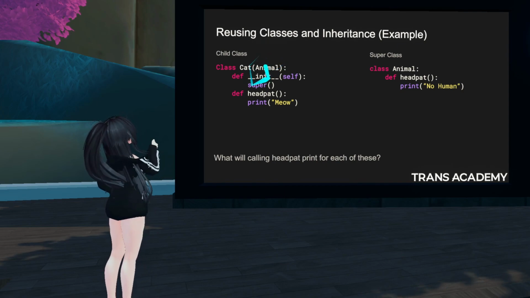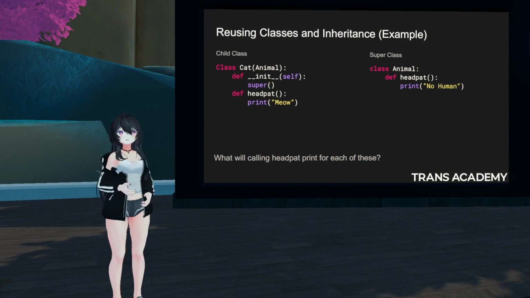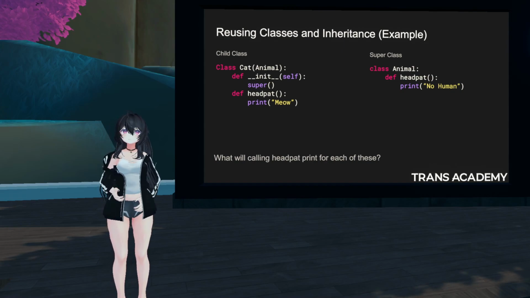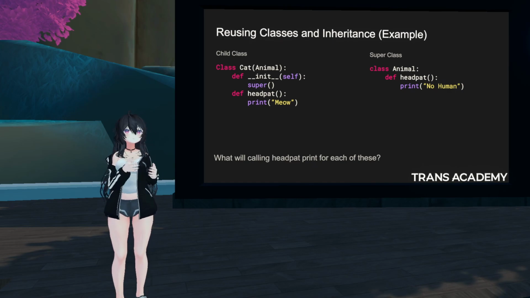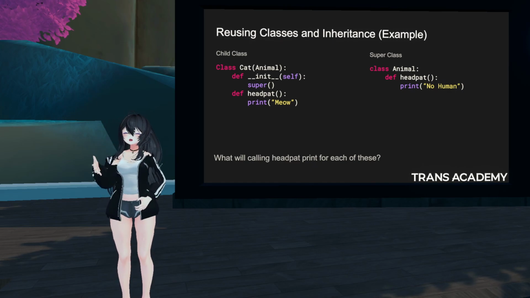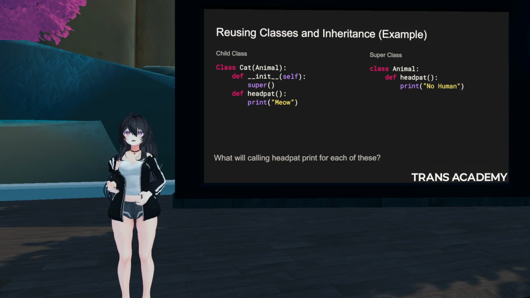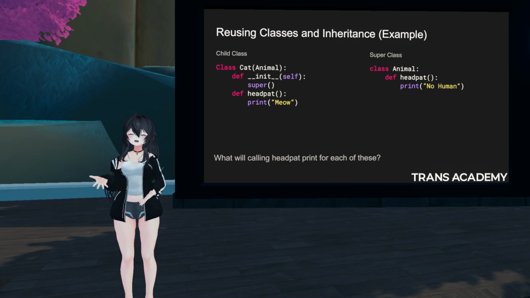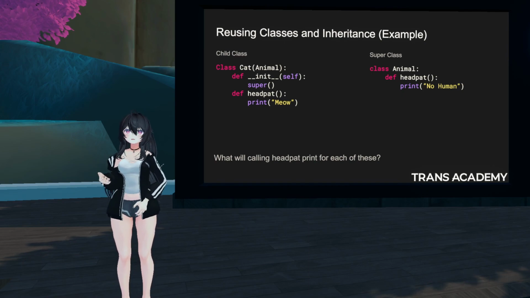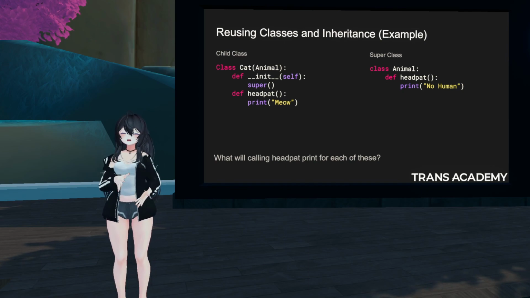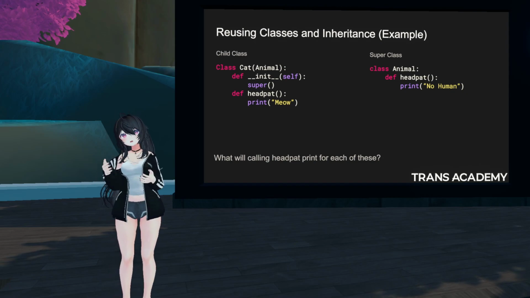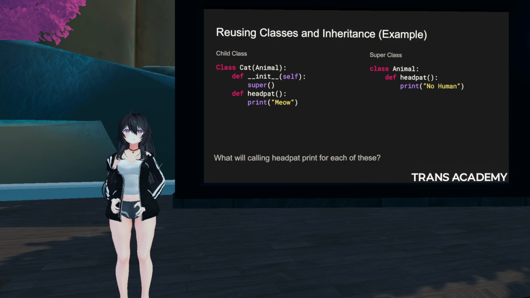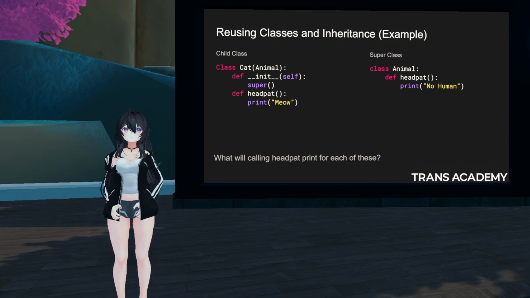In this case, cat specifically inherits from the superclass. Very interestingly, every single class that you define can potentially be a superclass. A class only becomes a superclass when there's a child class that refers to it. By default, they're all just classes. Hope that makes sense.